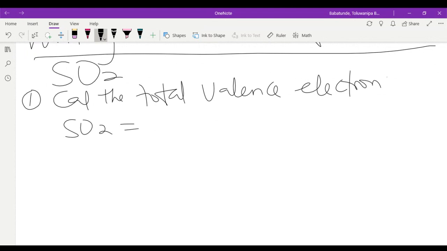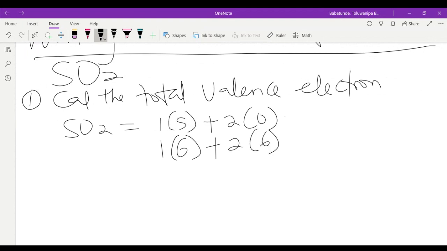So we go to our periodic table. We know that sulfur has 6 valence electrons, and oxygen also has 6 valence electrons. So we have 6 plus 12, and the total valence electron for SO2 is 18 electrons.